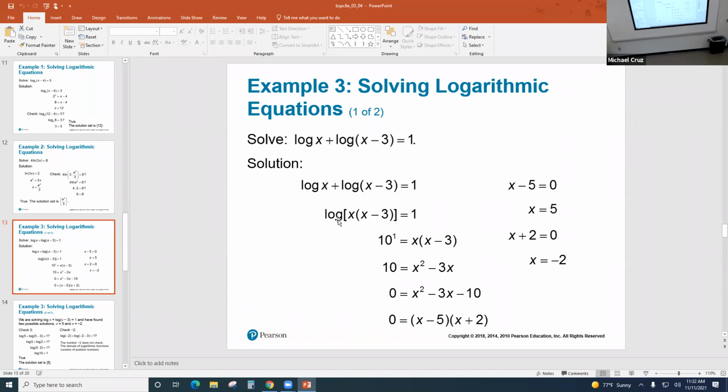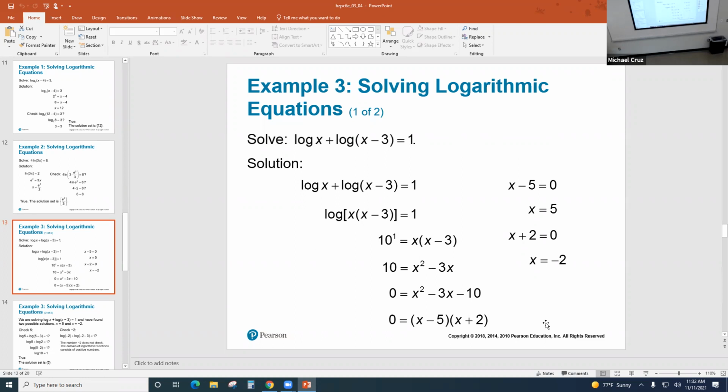Again, this is the common logarithm, base 10. So 10 to the 1 is equal to the input of the logarithm, which is x times x minus 3. Now, once you get to that point, hopefully you recognize that you got a quadratic.